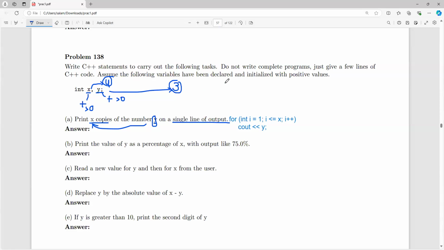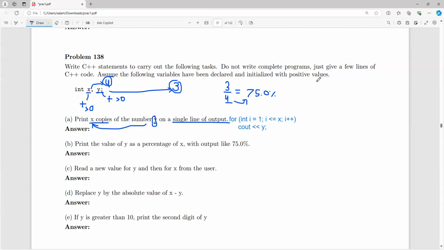How do we do this? How do you get 3 as a percentage of 4? You take 3/4, and this is just 75%, right? But we want to print out 75.0%.